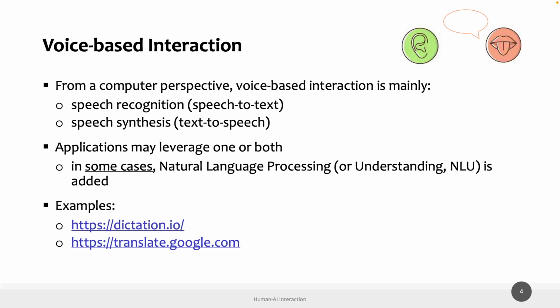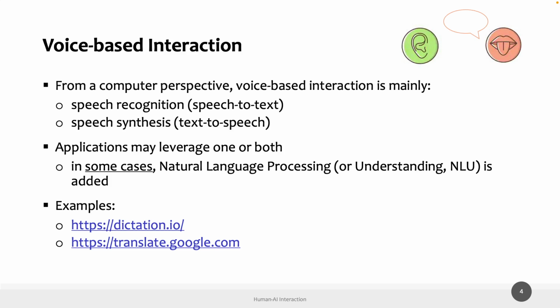From a computer perspective, voice-based interaction is mainly characterized by 2 steps: speech recognition, also called speech-to-text, which is the process of transforming the user's speech into text, and the opposite, called text-to-speech or speech synthesis.